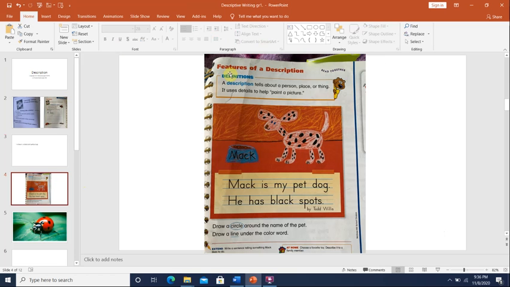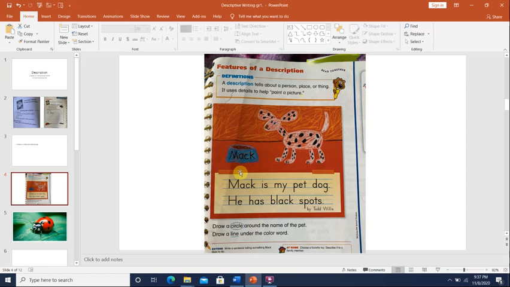It says here, features of a description. A description tells about a person, place, or thing, which is a noun. A description means we tell more about a person, place, or thing. It uses details to help paint a picture, right? We said when we took a lesson about details that writers use details to help the readers paint a picture, to imagine or try to understand more what the writer wants to say.